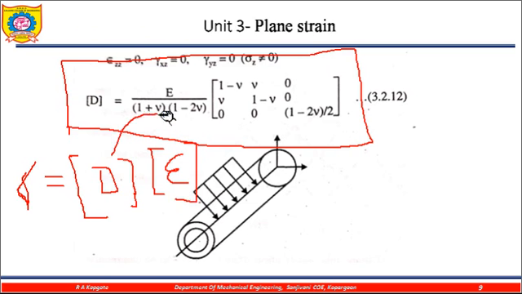This D matrix for my plane strain condition, you need to remember this formula again. There is a change between these two formulas. This is the plane strain condition, then we need to use the D matrix by using this formula.